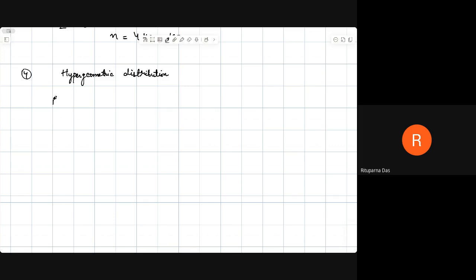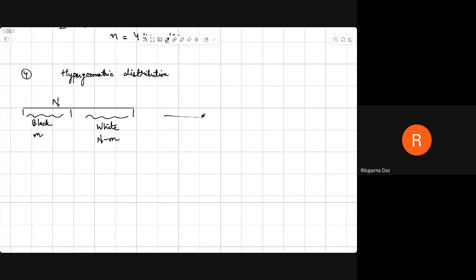So this is the whole set, capital N, of so many black balls and so many white balls. For example, we take m black balls and total minus m, so N minus m white balls.